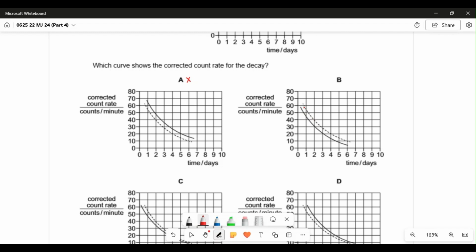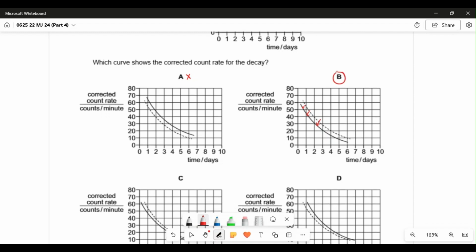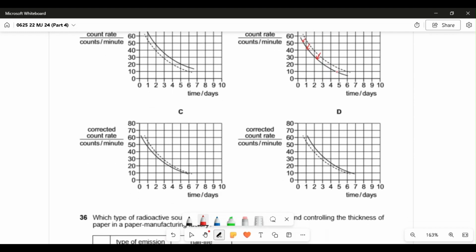There is a fixed value of background radiation that you can see from this. So option B is the right choice. D is higher, which is impossible. C is not right because the ratio of the count rate to the background is decreasing, but background radiation cannot decrease, it will be the same. So option B is the right choice.